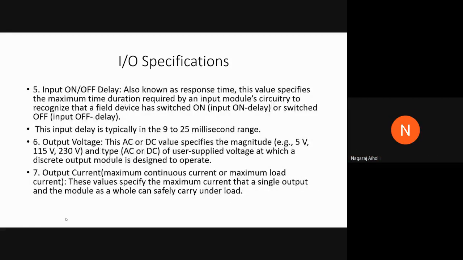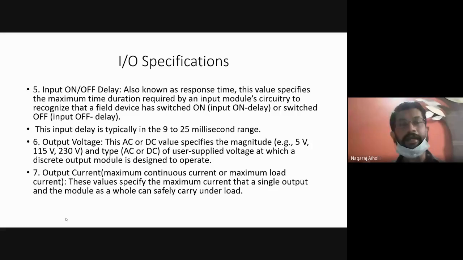Input on or off delay. This is also called the response time. This value gives the maximum duration required by the input module circuit to recognize the field device. How much time is required for the input modules to identify the on state or off state of the field devices?